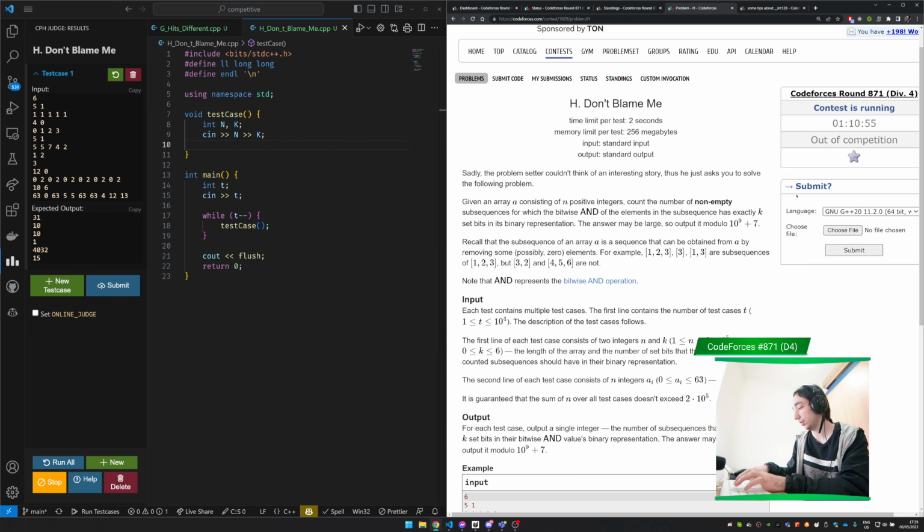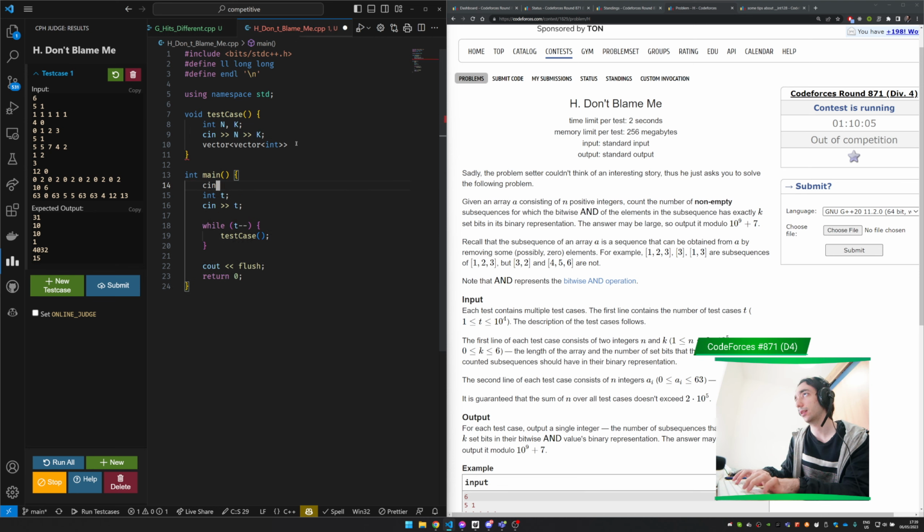So for each position, okay, let's say it like this: for each position, how many subsequences ending at that number exist which are subsets of that number? I mean, that will work, right?